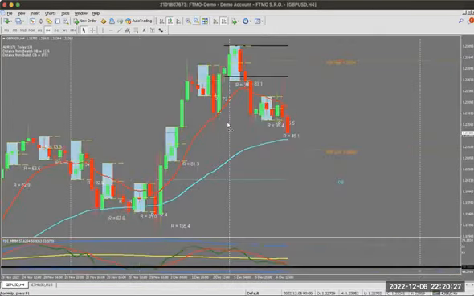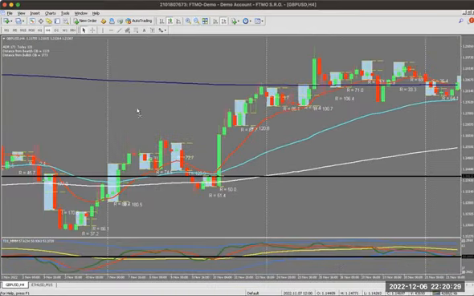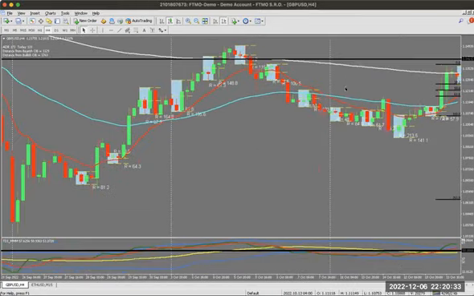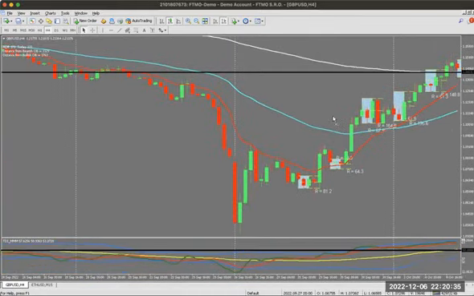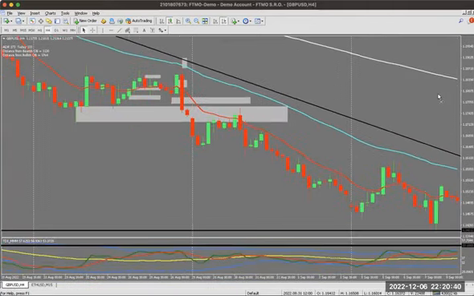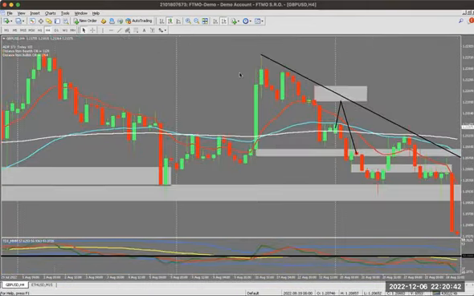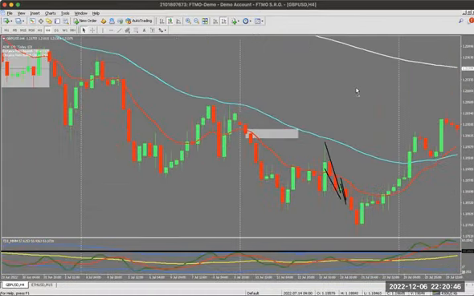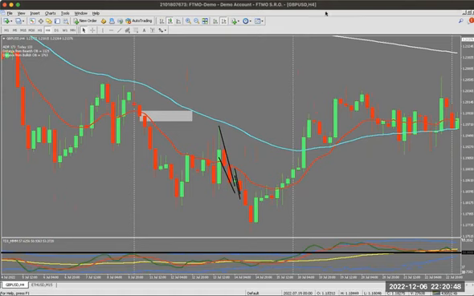Let's see. We want to look for a bullish engulfing. Okay, I'm looking for a downtrend. Definable downtrend. Okay, perfect. You can see we're in a downtrend here.